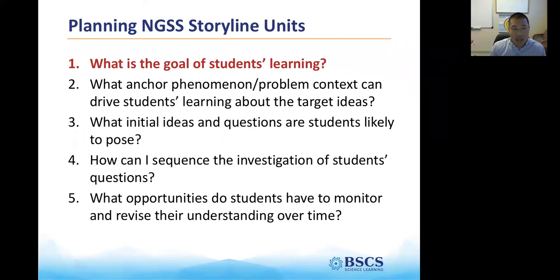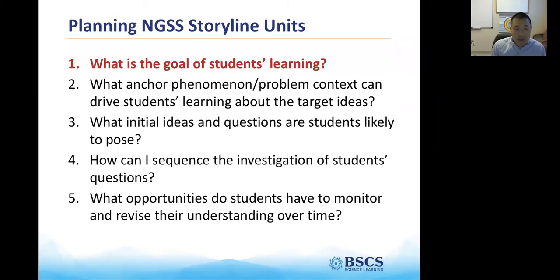So when we look at how we can begin to plan NGSS aligned units, I've kind of distilled it to 5 different steps. First is, what's the goal of your learning? What do you want kids to figure out? And then thinking about a phenomenon or problem context that can help kids get to that understanding.